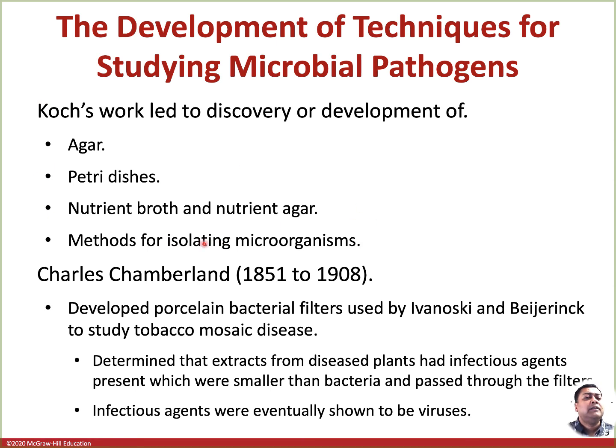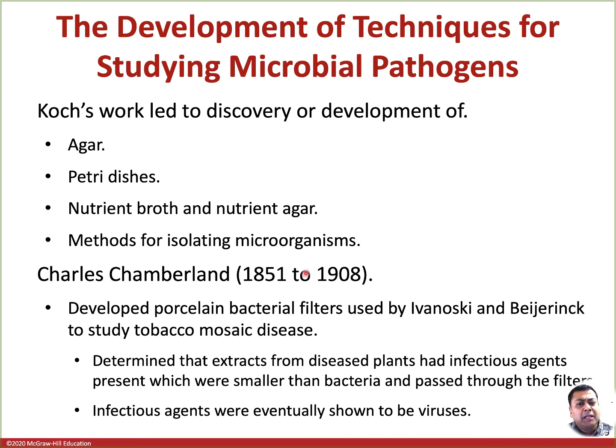And it also led to methods of isolating microorganisms. Charles Chamberland developed porcelain bacterial filters, and Ivanovsky and Beijerinck used these to study the tobacco mosaic virus. This is an interesting part, and I want you to just remember that process, and we're going to talk about that in the later part of this module.